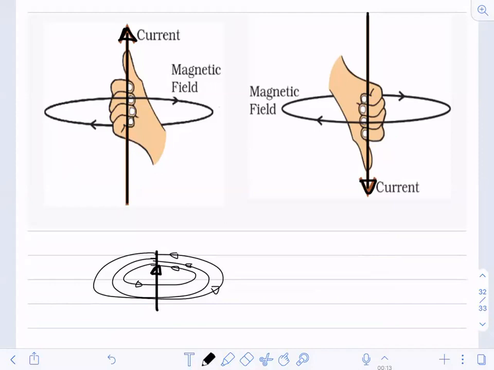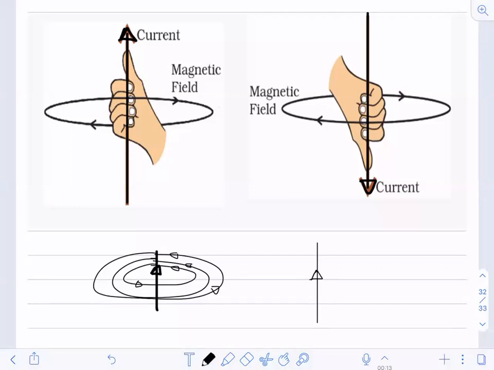So just see here, one thing you just visualize. If this is the direction of the current, for anti-clockwise motion, I'll divide this region in two parts.